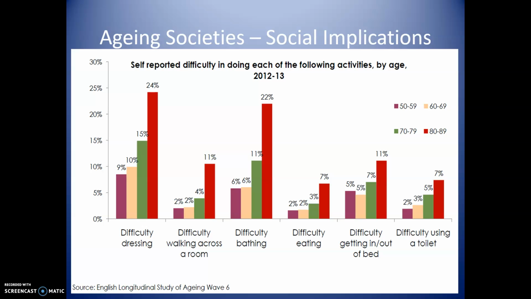So it looks as if older people tend to be more dependent and less able to function independently as they get older. And this goes back to the concept of the oldest old and extreme aging and its impact on the socio-economic fabric of the community and on the healthcare system.